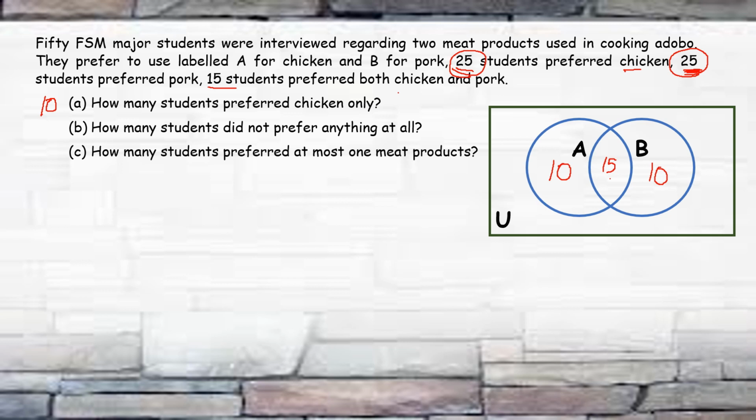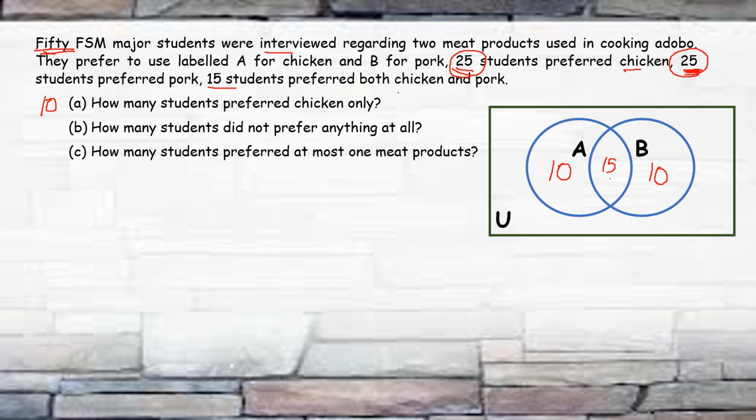How many students did not prefer anything at all? Walang pinili. Paano yun? Saan natin makikita ang walang pinili? Okay. At first, there is the word 50. Okay? 50. Ang kanyang in-interview.